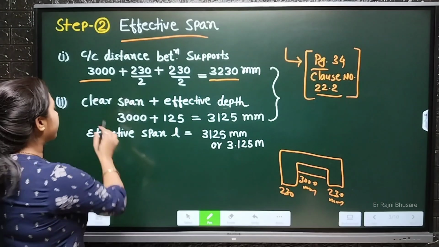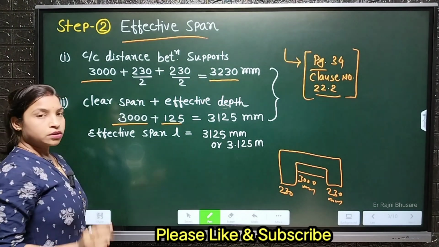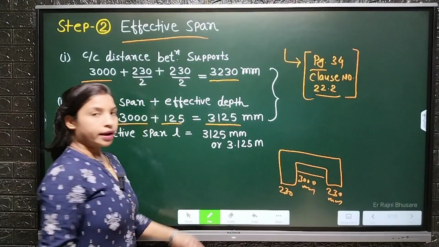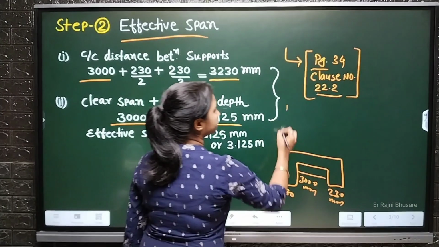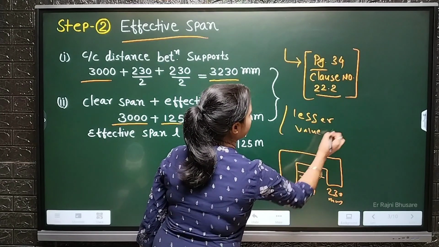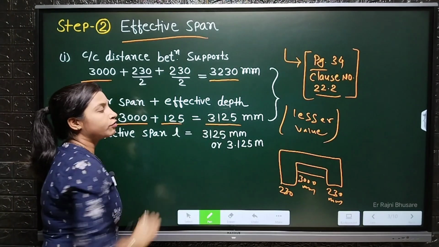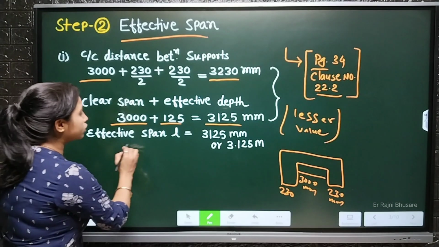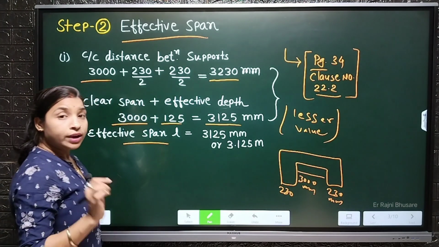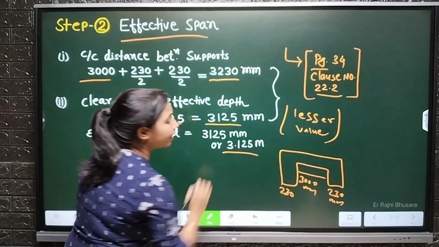The second is clear span plus effective depth: 3000 plus 125, so the value is 3125 mm. Now this is the lesser value. So our lesser value is 3125 mm, and our effective span L is equal to 3125 mm. In meter, our effective span is 3.125 meter.